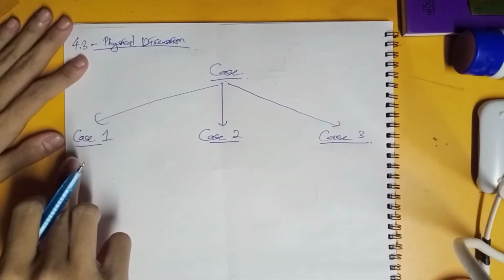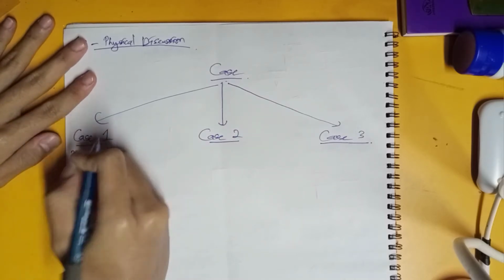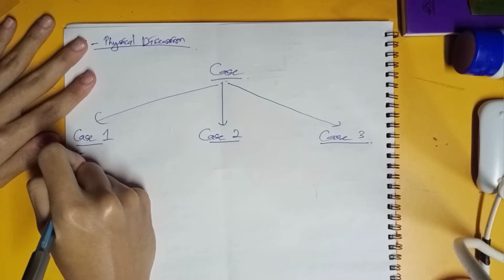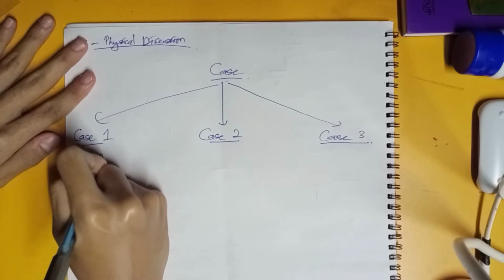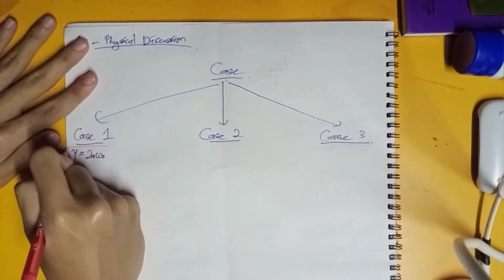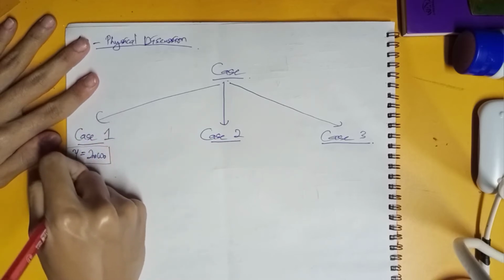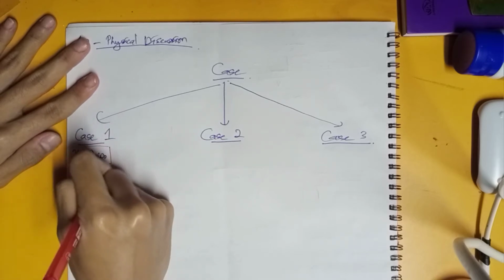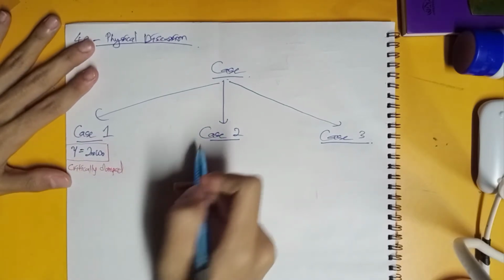For case 1, we know that γ is equal to 2mω₀, right? So it is critically damped. Very simple. Now let's move on to the second case.